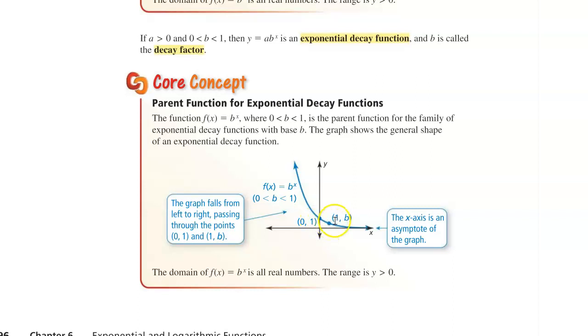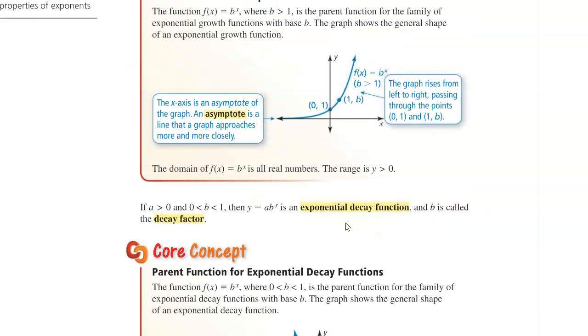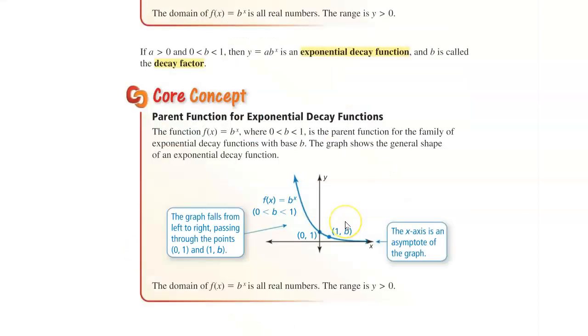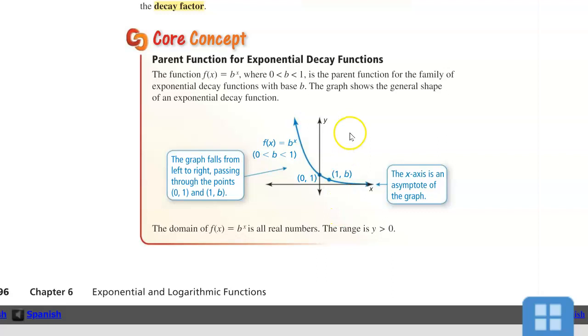So if b was 1/2, you would take 1, the first y, times 1/2 to get a value of b. Okay. Now, asymptotes. We're going to talk about asymptotes. The asymptote of a parent function is just going to be the x-axis. Same for a decay function.